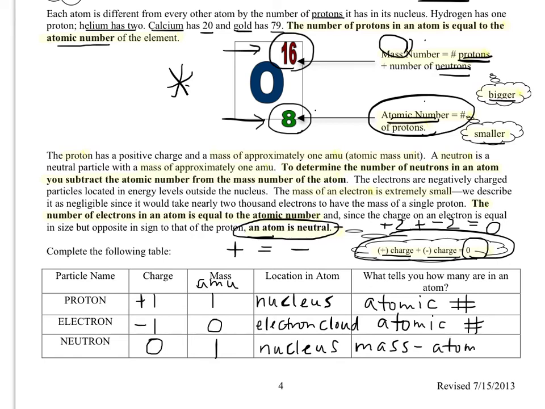Mass minus atomic number. All right? By subtracting the atomic number, we're taking out the protons, and then we're left with just the neutrons. So another way to think of this is the big number minus the small number. Okay, so for the example of oxygen, it would be 16 minus 8.